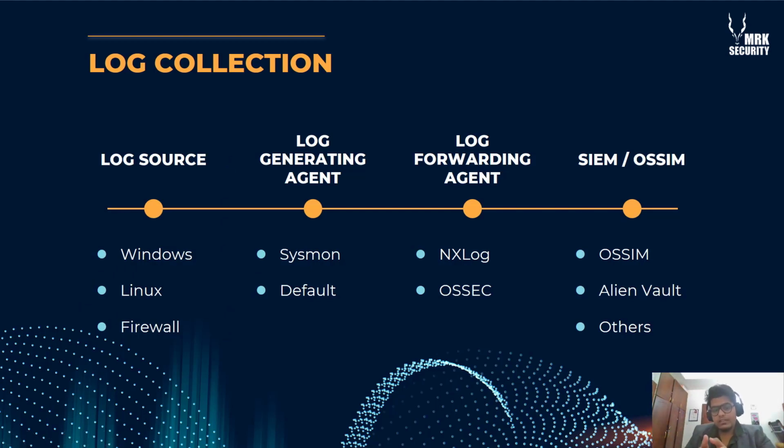The next portion of this map is the log generating agent, which is responsible for making or generating the logs. Then the log generating agent forwards those logs towards the forwarding agent. Forwarding agents are mostly third-party agents responsible for sending the collected logs towards the SIEM solution itself. So that's how this workflow moves and flows.